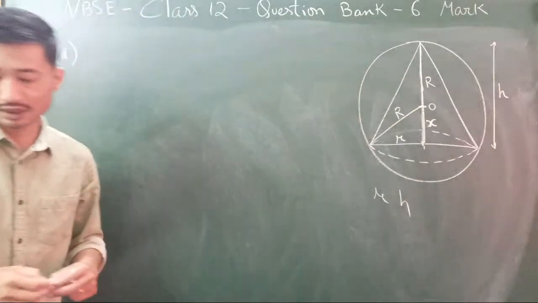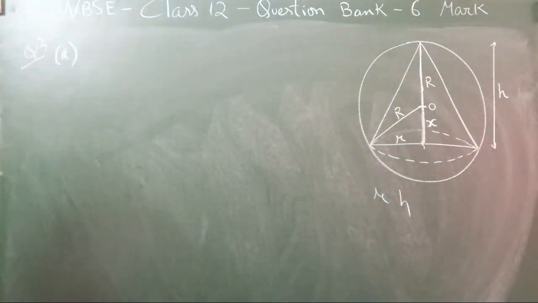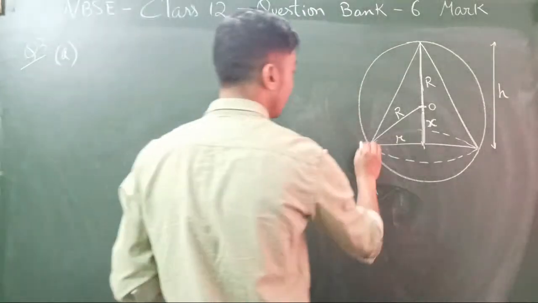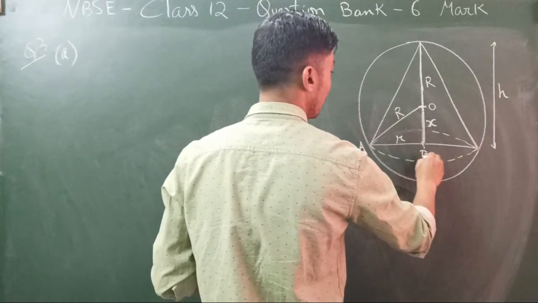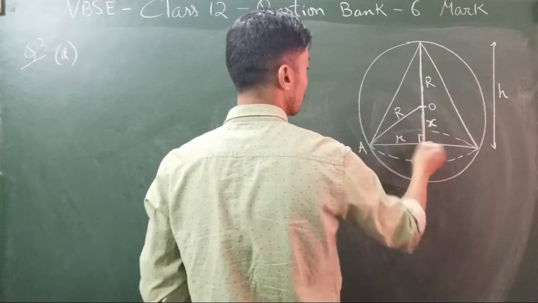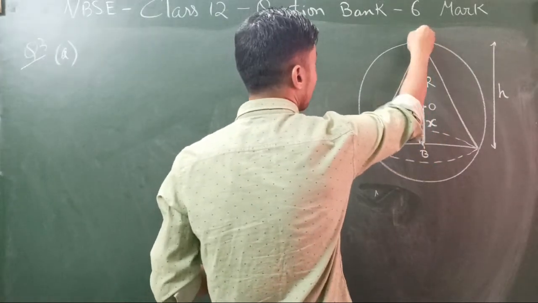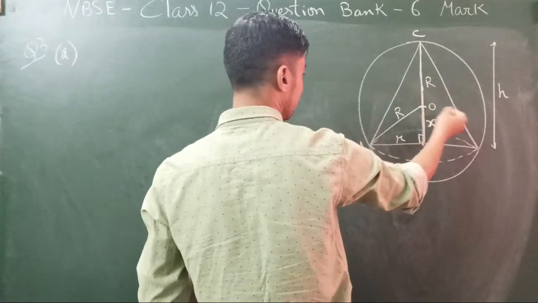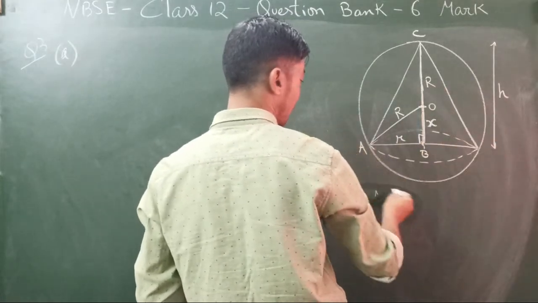So let me just name the triangle A, B, O. So this is a right angle triangle. We can find out any of these quantities using Pythagoras theorem.